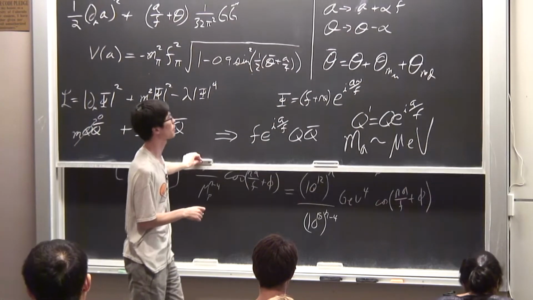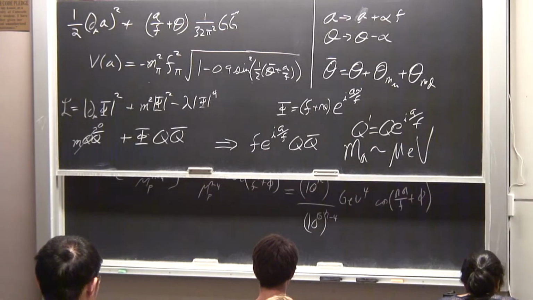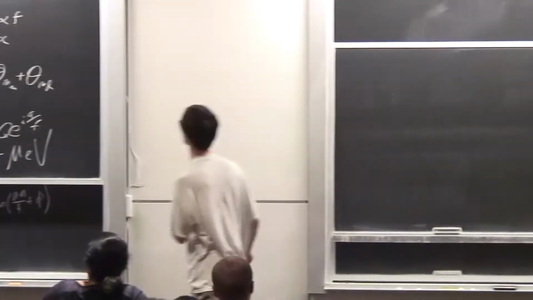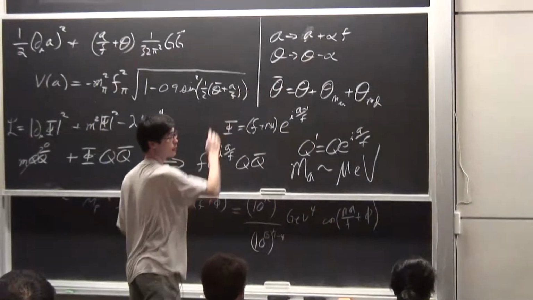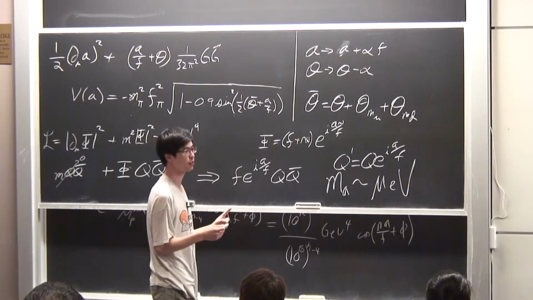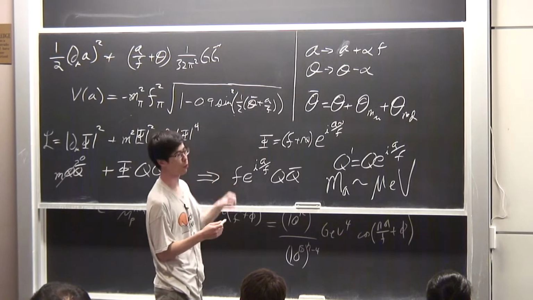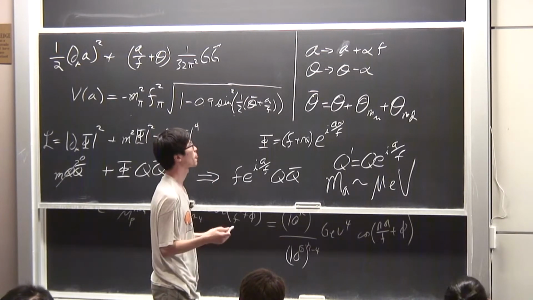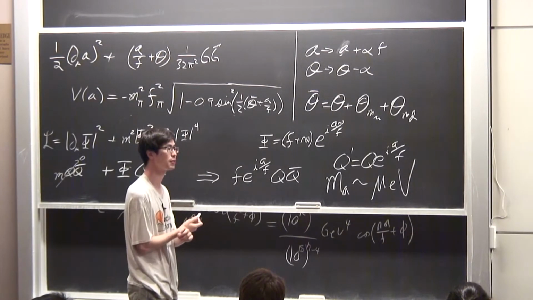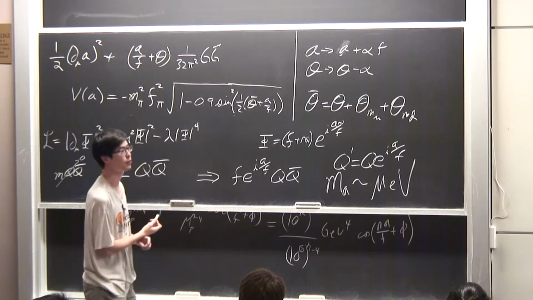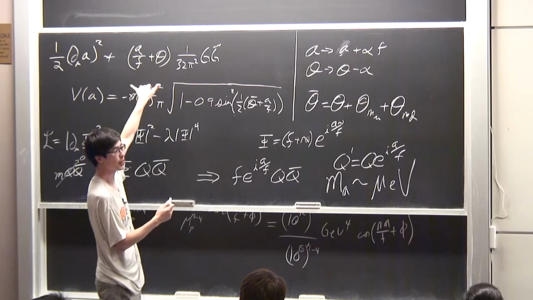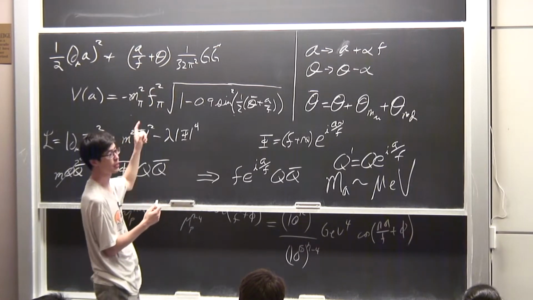Actually, this I was going to talk about anyway, so I might as well talk about it now. The statement is that the way the axion appears is completely determined by this shift symmetry, an anomalous symmetry. So if you want any non-derivative couplings of the axion, you need to look for wherever theta appears. However, theta only appears in non-perturbative physics because G G tilde is a total derivative, and so theta never appears in perturbation theory. Or equivalently, you could just calculate all the Feynman diagrams here, and you'll see none of them depend on theta.